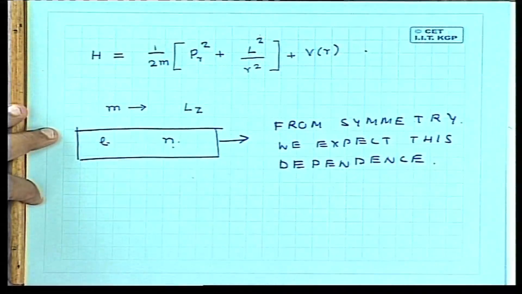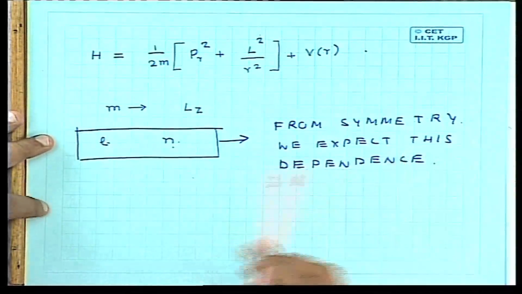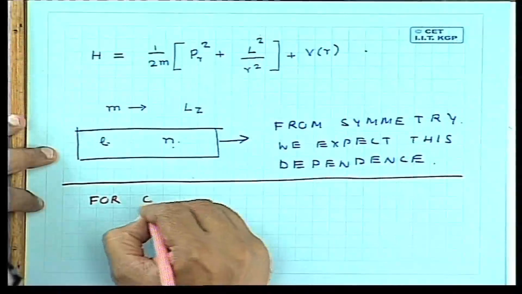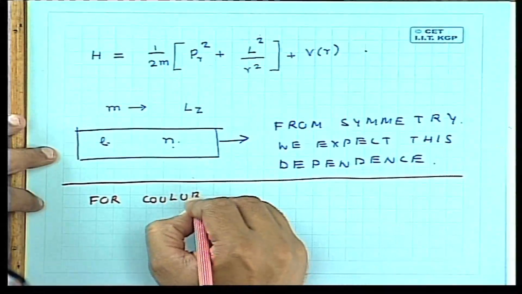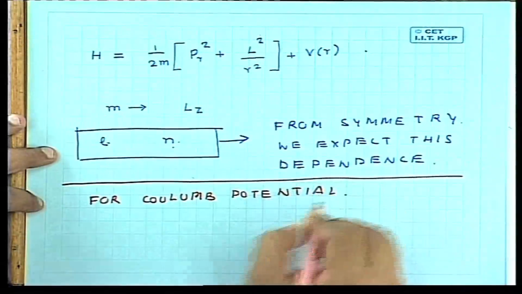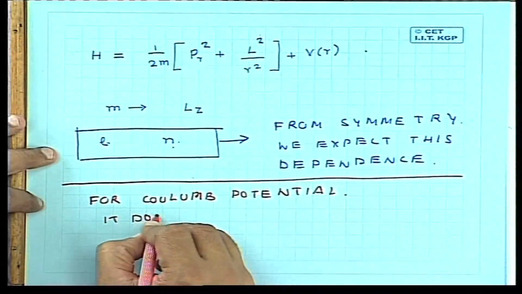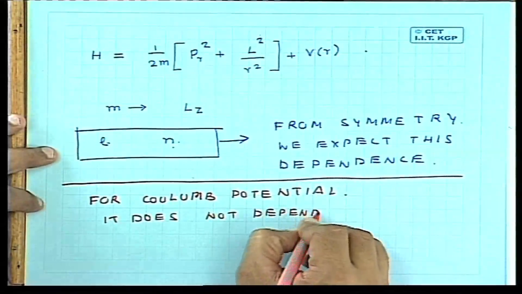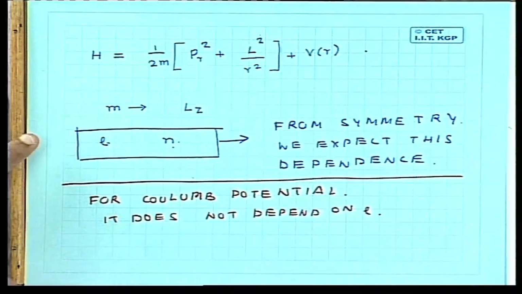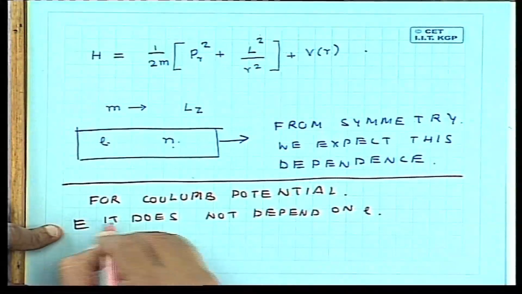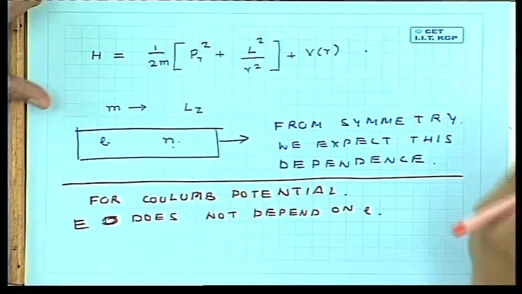But it turns out that for the Coulomb potential, that is 1 by r, it does not depend on L. So, although the Hamiltonian depends on the operator L squared, for this particular potential, the Coulomb potential, the energy E does not depend on the angular momentum state.